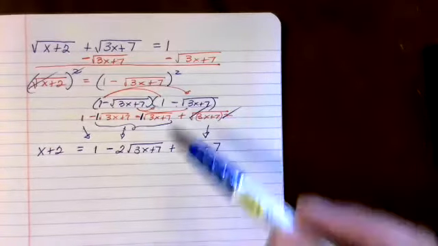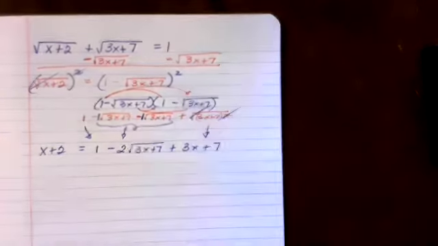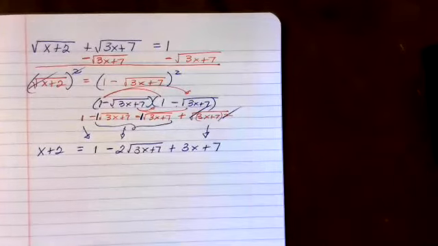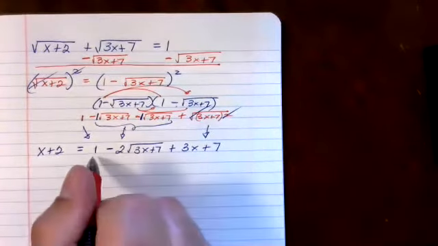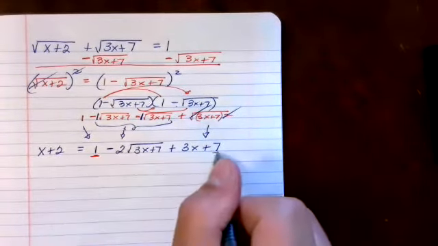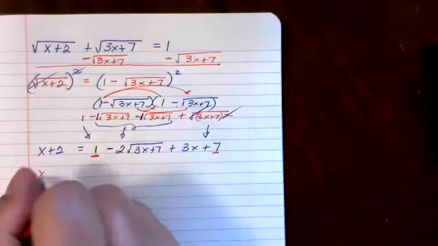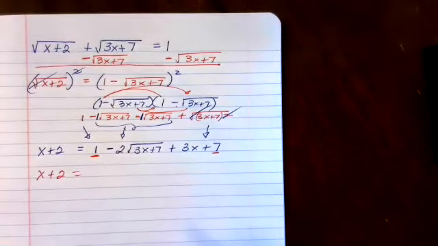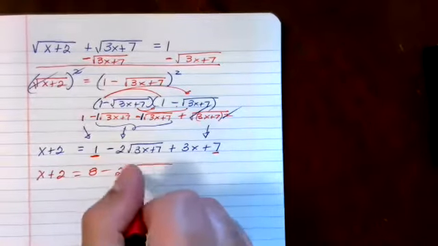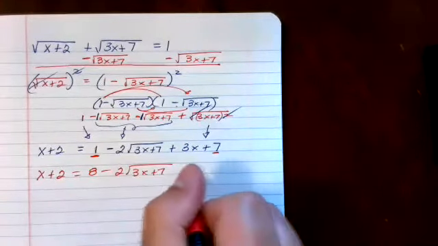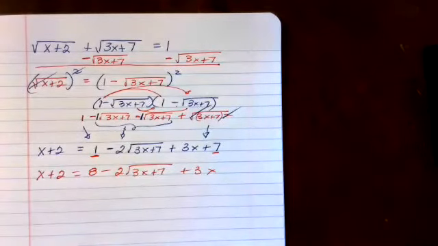So again, if you get used to a binomial squared, that's always best. So let's clean this up a little bit. This is kind of a lengthy statement, and I see that I can combine some like terms, just those. So I'm going to have x plus 2 is equal to 8 minus 2 radical 3x plus 7 plus 3x.